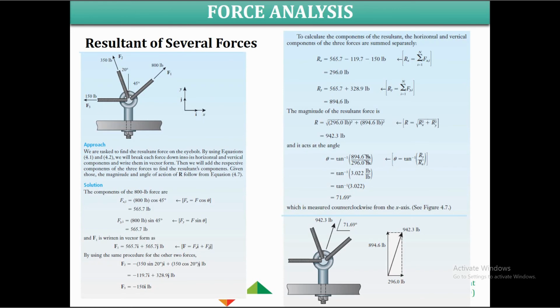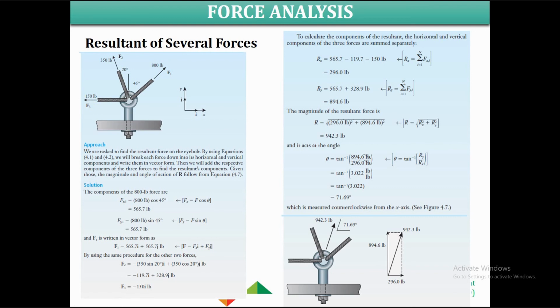For example, if we consider this mechanical component, this hook, it is subject to three forces through three wires. These three wires are connected to this ring and pulled in three different directions. So one is one force, two is another force, three is the third force. These are three forces.